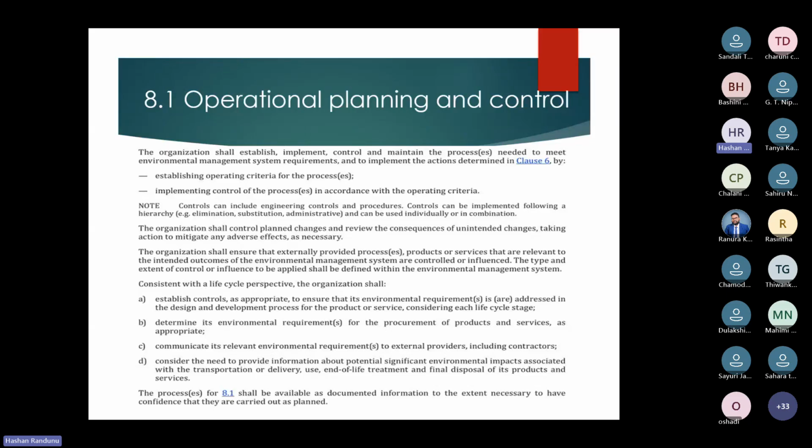Then we can release that emission at a much higher level, so the pollution to the ground area would be minimal. If noise emission is identified as a significant environmental aspect, then we can implement acoustic barriers for that generator, and the noise emitted to the environment can be reduced. Those kinds of actions we need to identify.